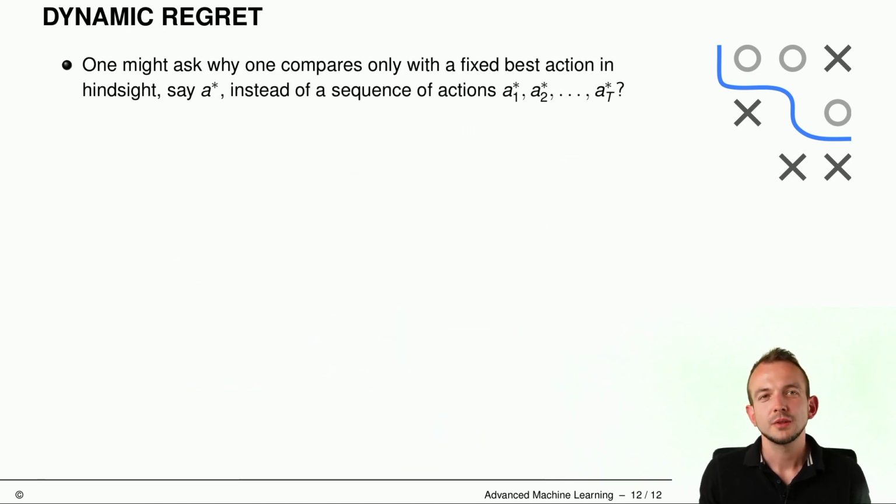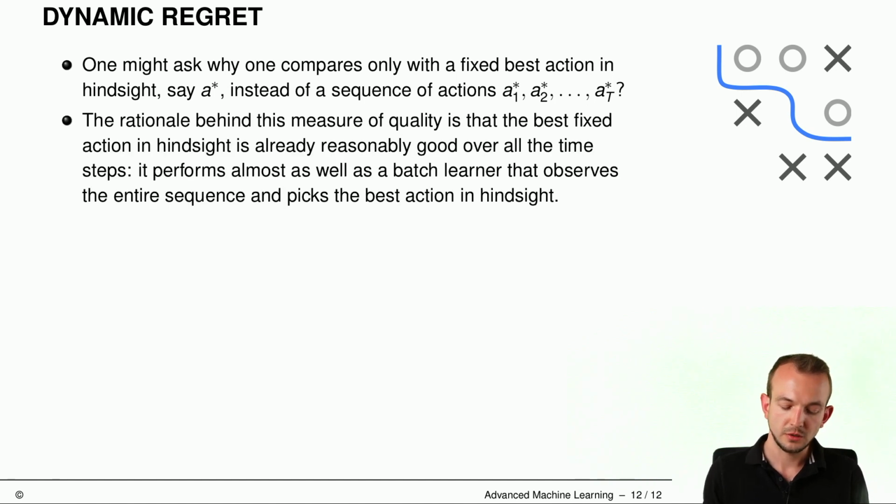But you might wonder, why are we simply comparing with a fixed best action in hindsight, which we called A star, and why don't we compare with the best sequence of actions, where we ask in every time step what would have been the optimal action? Well, the first reason is that this best fixed action in hindsight is already quite a hard opponent, so to speak.